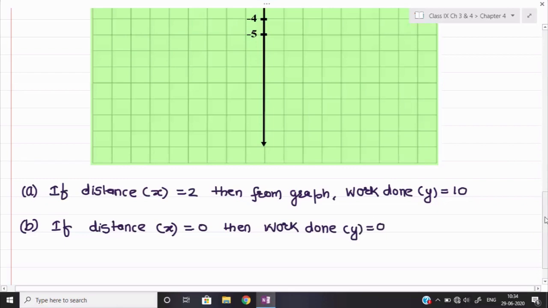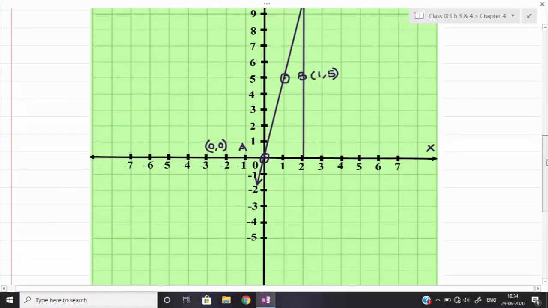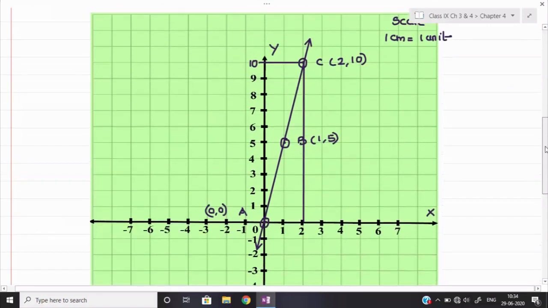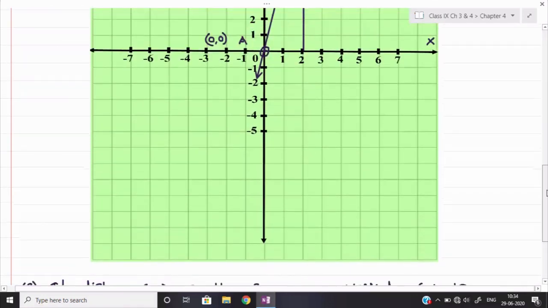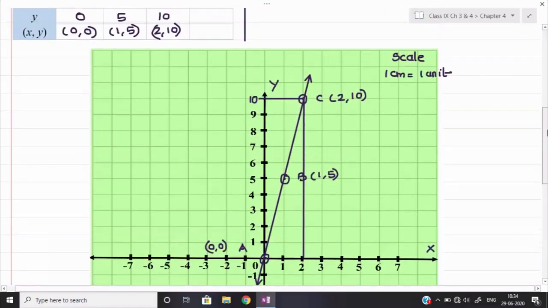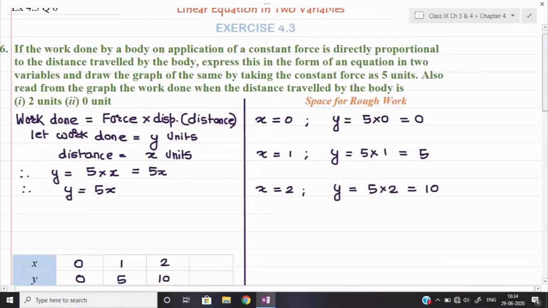In that case it is not possible to draw any graph. So simply you can write down, if x is equal to 0, then y will also be 0 with the help of the graph. So this way, students, we have completed till question number 6.